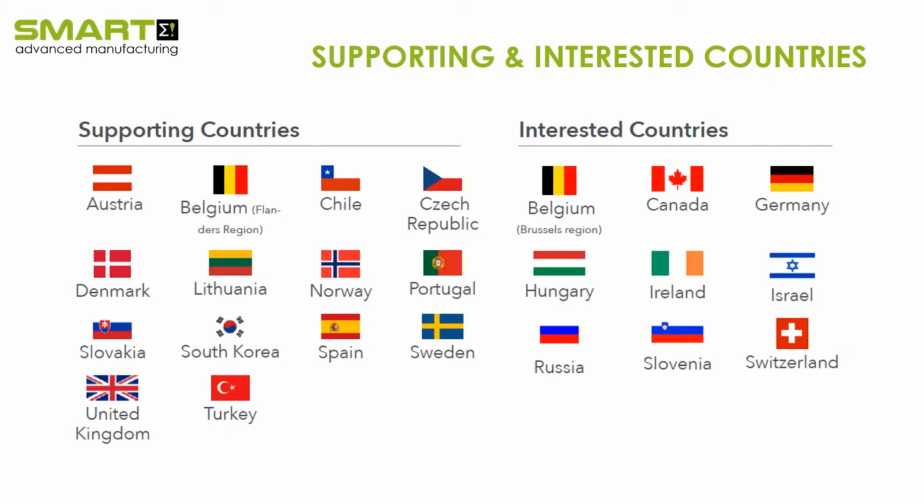Additionally, from the rest of the countries from the Eureka community, they can also participate in SMART. But in that case, each partner will have to contact their corresponding national agency to check if there are programs for supporting advanced manufacturing or SMART projects. But in that case, you can contact also the SMART office, and we will provide any kind of help.